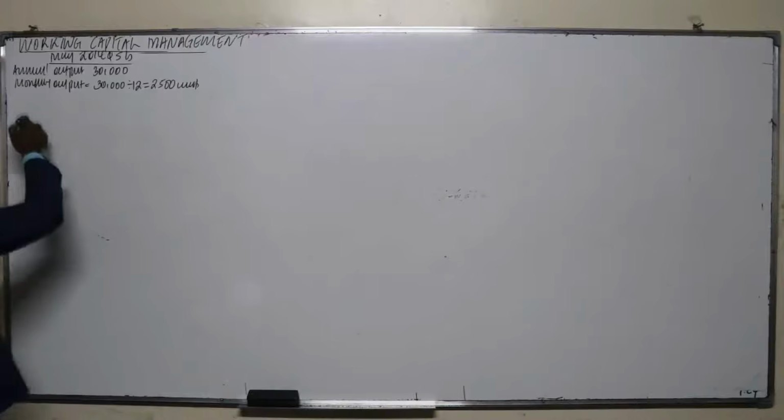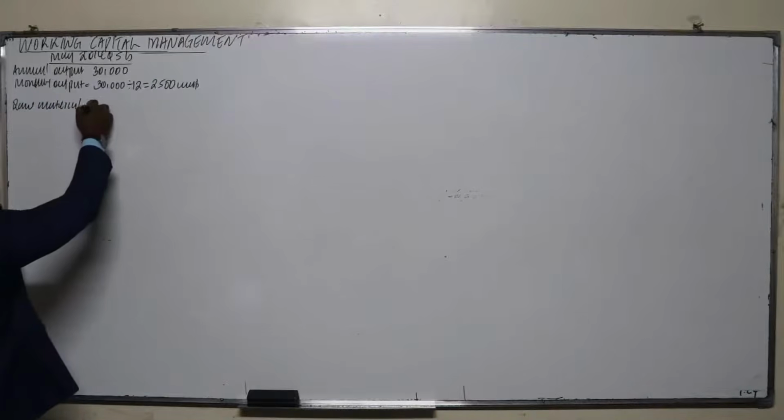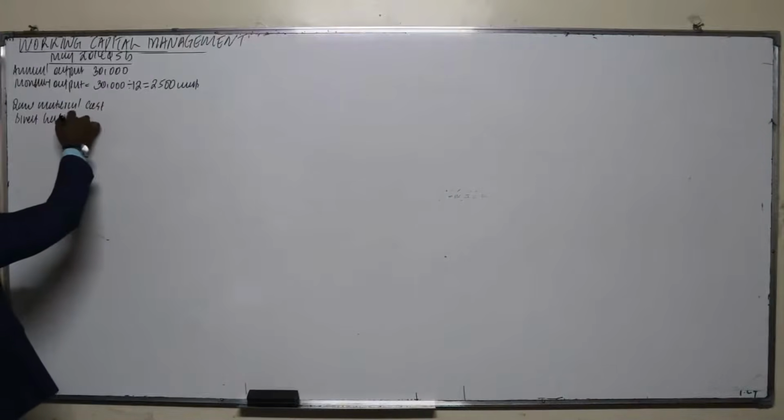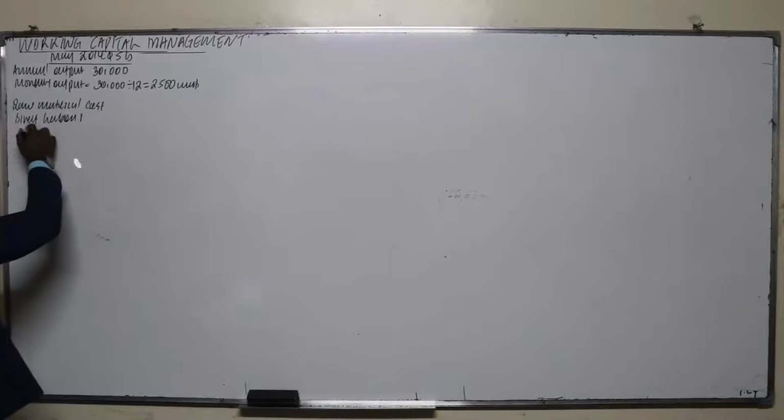So we have the cost per unit. We need to get the raw material, and I want us to compute per month. So raw material cost, then we have direct labor, then we have overhead, and then we can also get the sales.